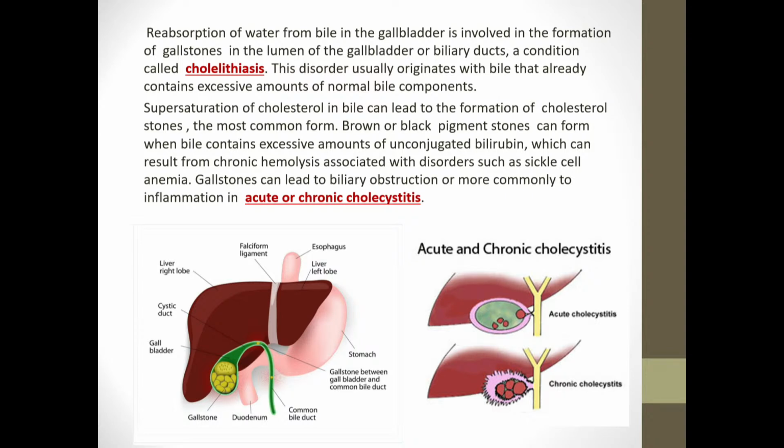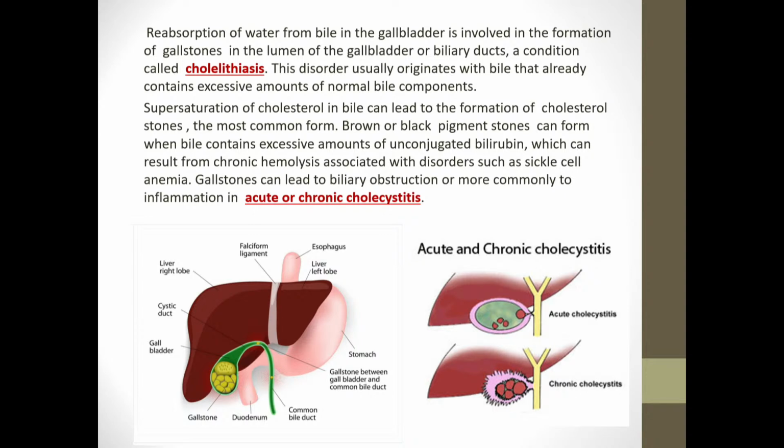Now, reabsorption of water from bile in the gallbladder is involved in the formation of gallstones in the lumen of the gallbladder or biliary ducts, a condition called cholelithiasis. This disorder usually originates with bile that already contains excessive amounts of normal bile components.